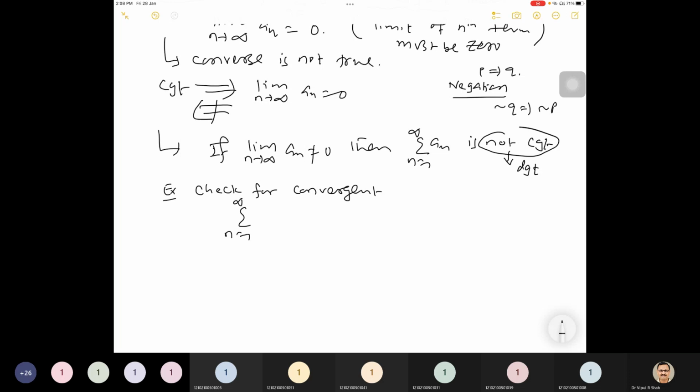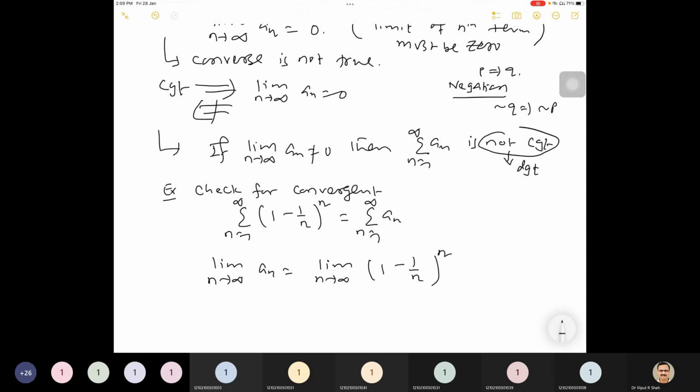Like, you are having series n equal to 1 to infinity 1 minus 1 upon n, power n. Now you know this is series n equal to 1 to infinity an. Now if you try to find limit n tends to infinity an, then limit n tends to infinity 1 minus 1 upon n power n.